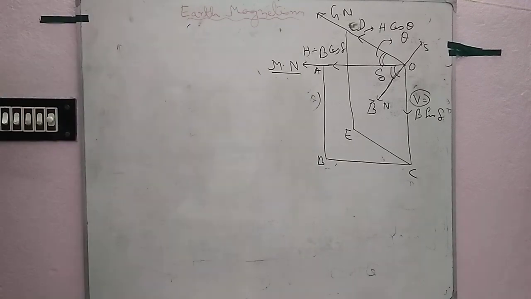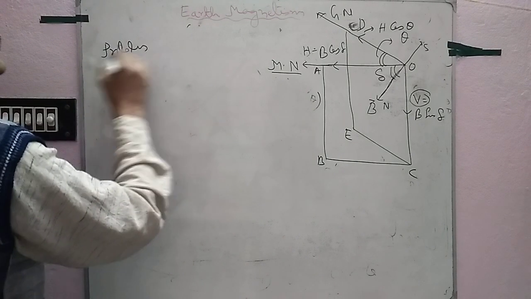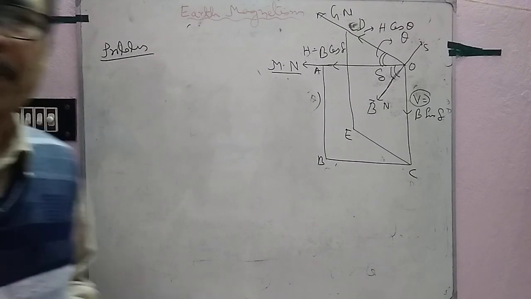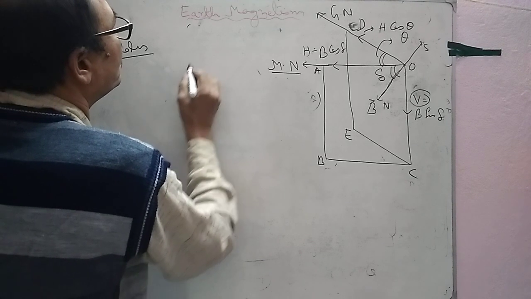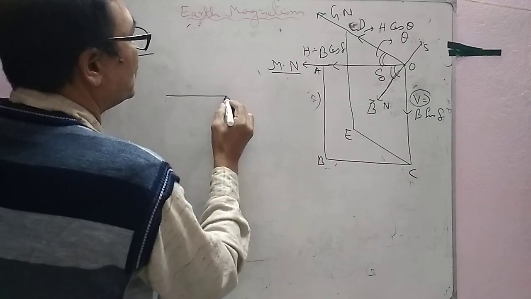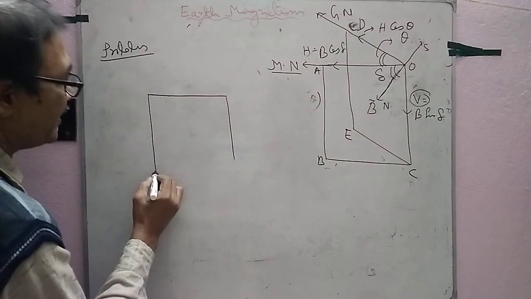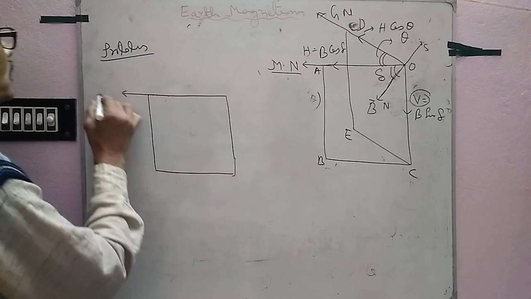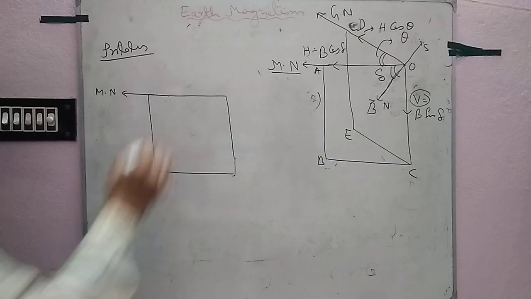Now, a very important problem. Suppose two vertical planes make an angle 90 degree to each other. This is the actual magnetic meridian. Follow the problem at first. This is magnetic north, this is the magnetic meridian.